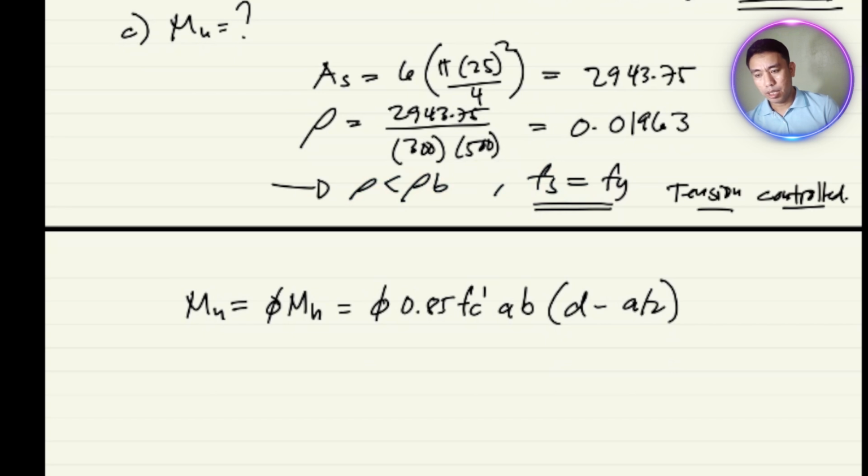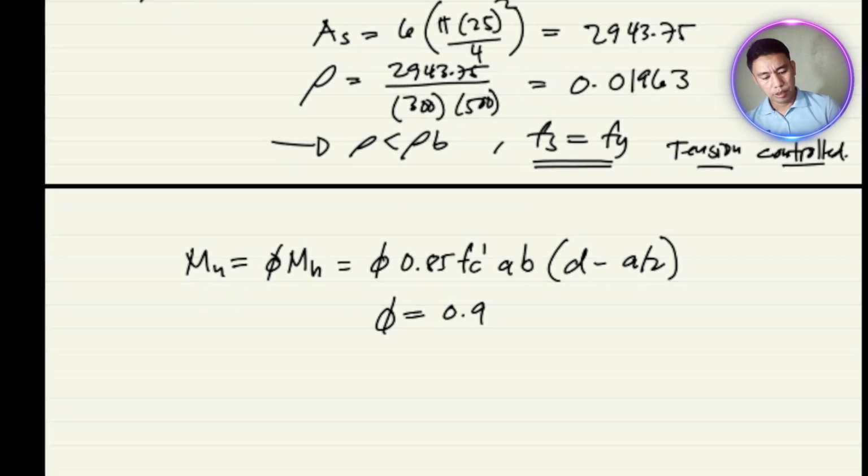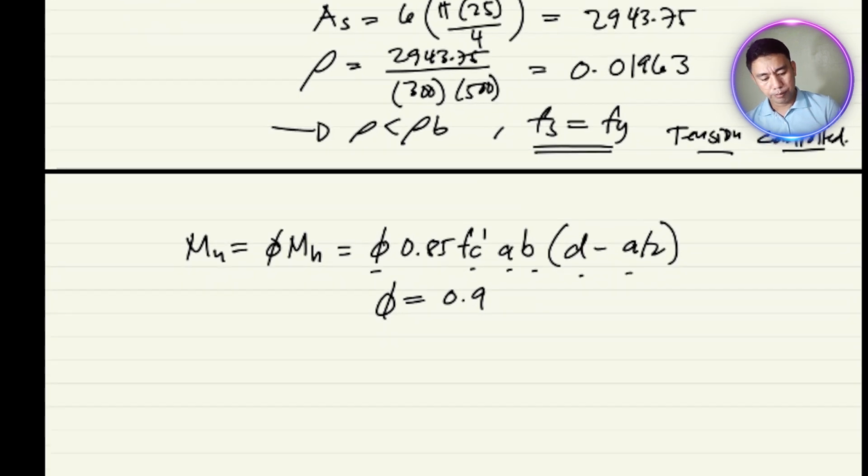So, our phi here, since this is tension controlled, our phi is equal to 0.9. So, ano yung hanapin natin dito? Meron na tayong phi, fc prime, b, d, a na lang, ang a. So, saan yun makukuha yung a?